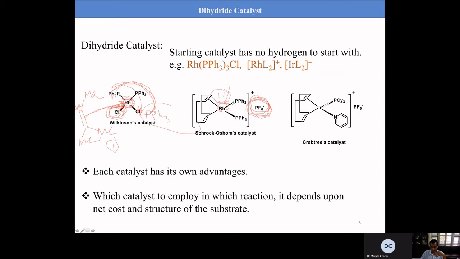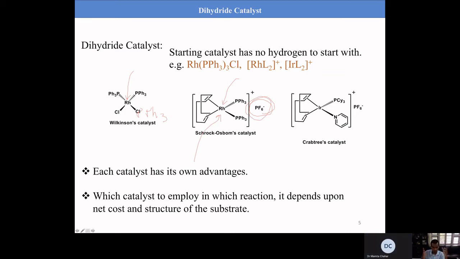Both of them are 1+, but this 1+ is much more effective than the rhodium in the Wilkinson catalyst, right? So what I'm saying is this rhodium in Wilkinson catalyst is not that cationic, but although being the same rhodium 1+, this rhodium is really, very, very cationic. And that makes the olefin coordination easy. Now, why PF6? Solubility is one of the issues.